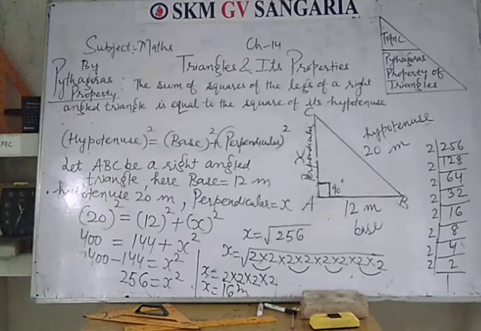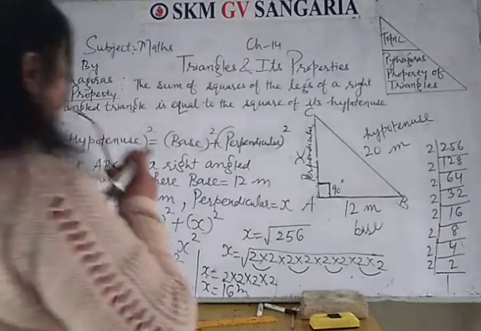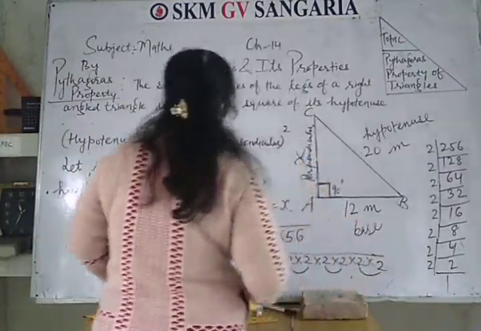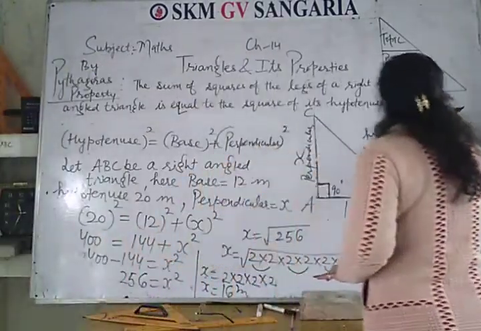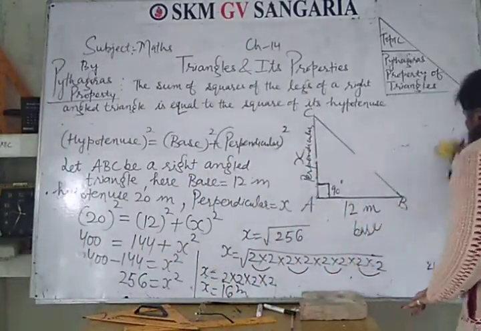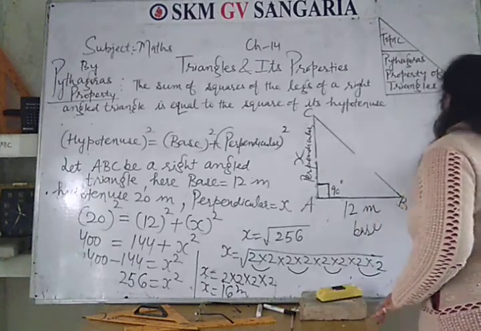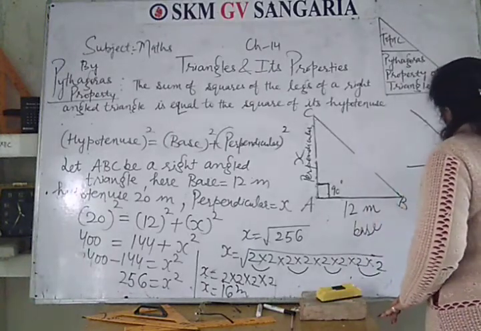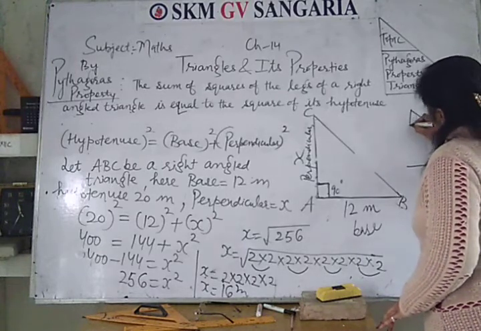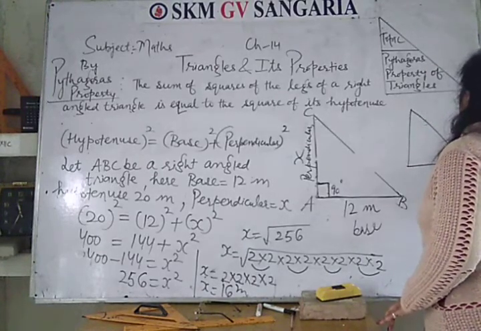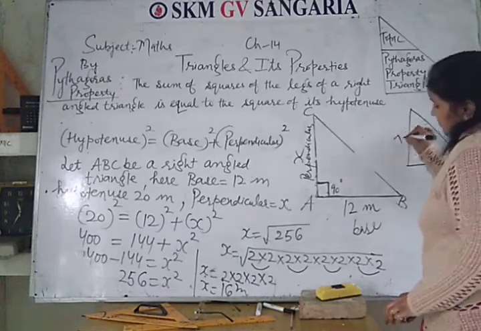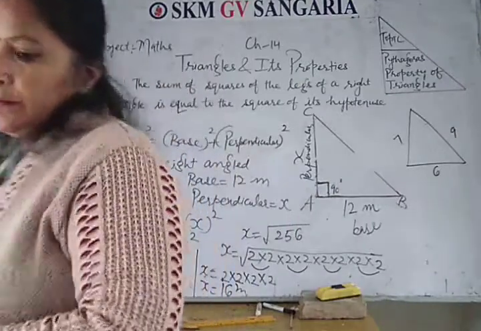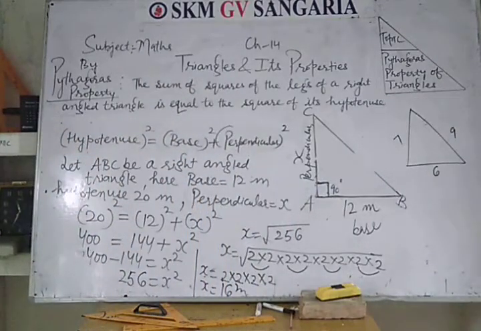Suppose 6, 7 and 9. I think you have done this. Suppose the triangle is of the form 9, 6 and 7.